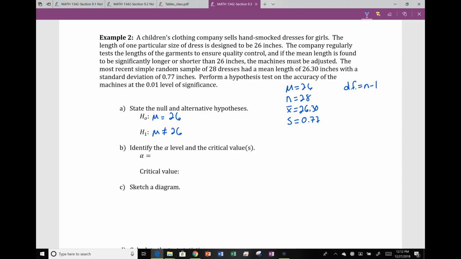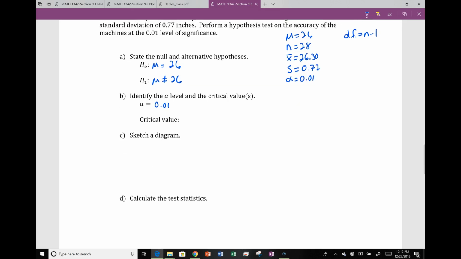Perform the hypothesis test of the accuracy of the machines at the 0.01 level of significance. So alpha is 0.01. Okay, so when we're looking at this, I know that my alpha is 0.01. I'm going to go ahead and sketch the diagram to kind of help me out here. So this is a two-tailed because it's a not equal to test.